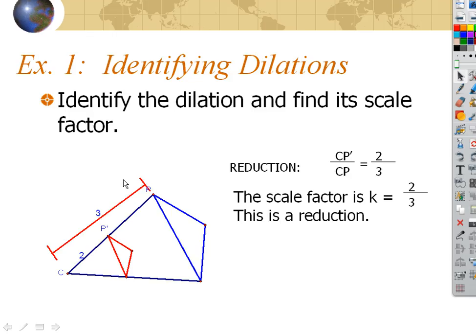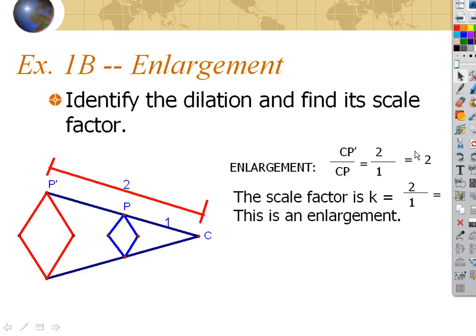Without even thinking about it too much, if I've got numbers 3 and 2 that need to go in the numerator and the denominator, and I can see that it's a reduction, which one obviously has to go on top? The 2. Yeah, because I have to make a fraction that's less than 1. So the denominator, the bottom, has to be bigger than the top, right? Okay. All right. How about that?